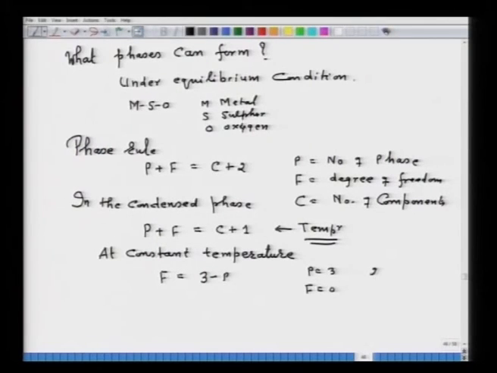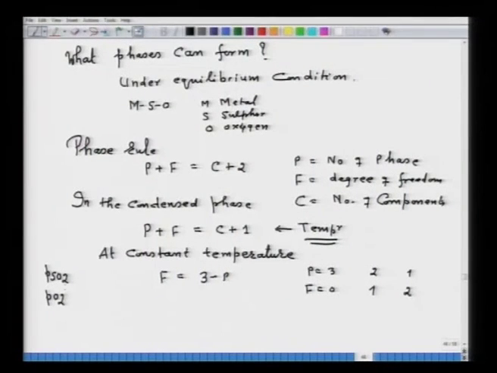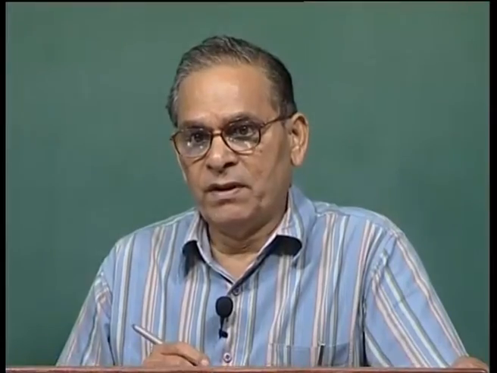If we have P equal to 2, then the degree of freedom is equal to 1, and if we have P equal to 1, then the degree of freedom is equal to 2. That means, in this particular representation, when we have taken a constant temperature, then PSO2 and PO2 are the two variables that will control the formation of which phase at a given temperature. Mind you, in deriving this, we have considered temperature to be constant.